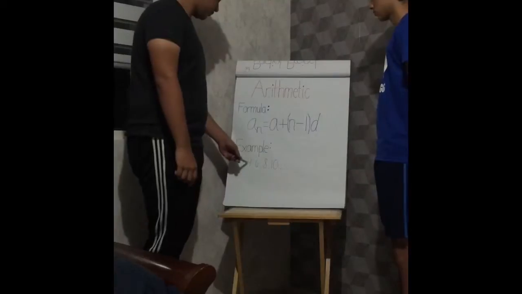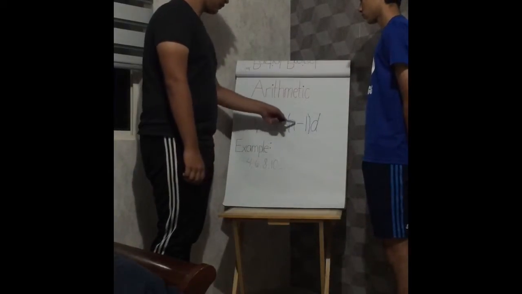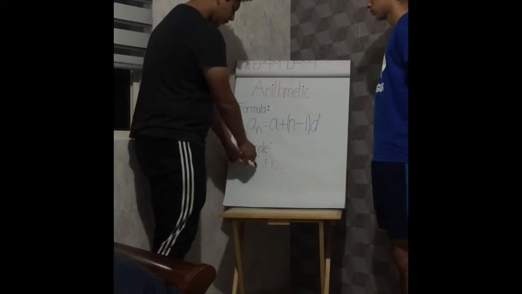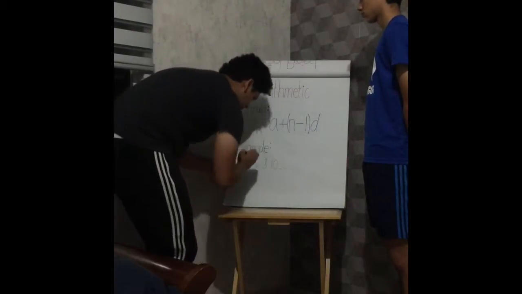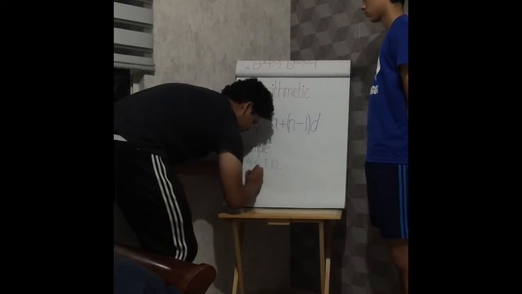We'll add the first number, which is 4, and then multiply it by 5 minus 1 and the difference. The difference is, you get from 4 to 6, a common difference of +2.